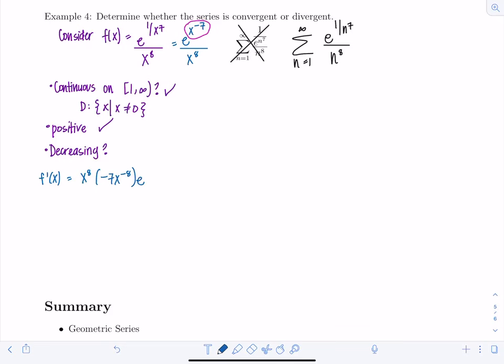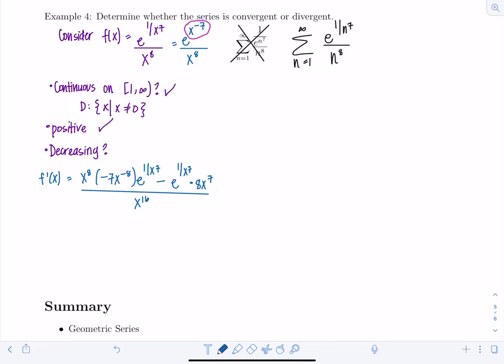And then e to the 1 over x to the 7th. So that's low d high, if you think of it that way, minus the numerator, so that's e to the 1 over x to the 7th, times the derivative of the denominator, which is 8x to the 7th, over the denominator squared, x to the 16th.